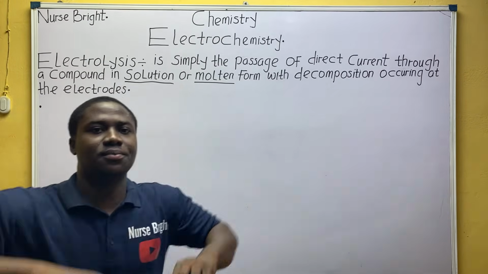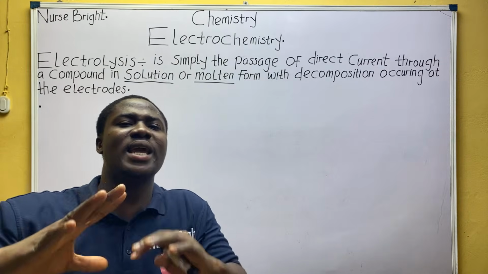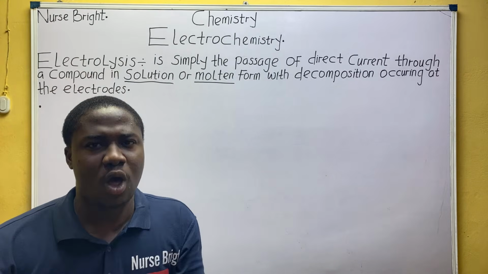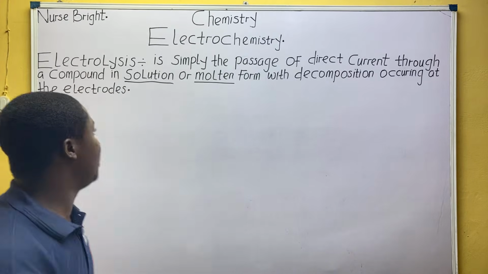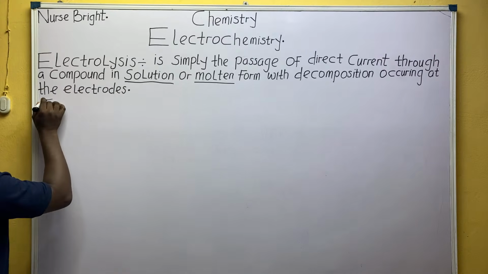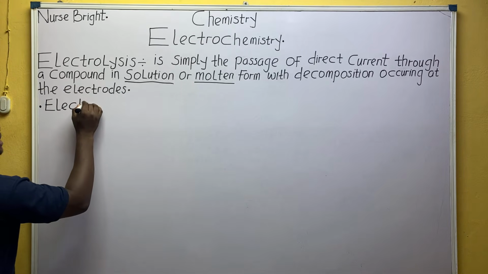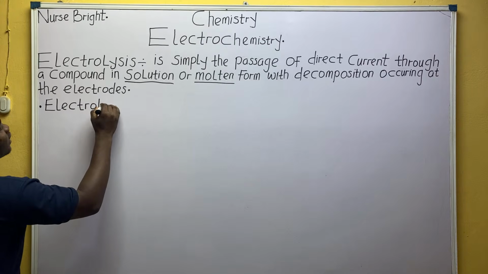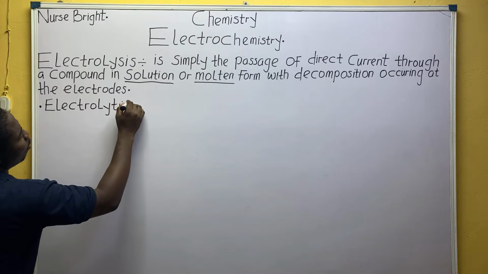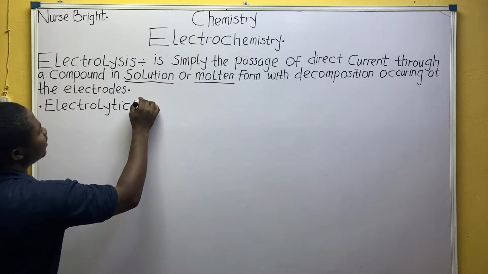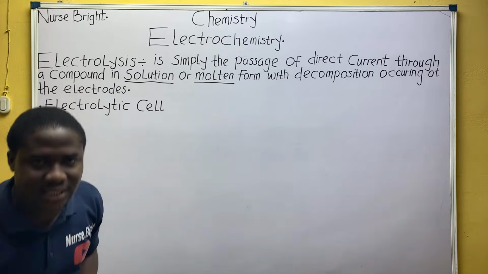This process, which is called electrolysis, occurs in a special vessel or container. Electrolysis occurs in a special vessel called the electrolytic cell.